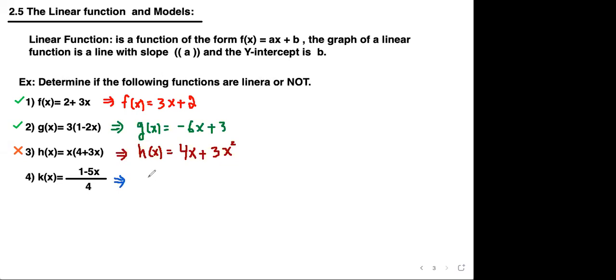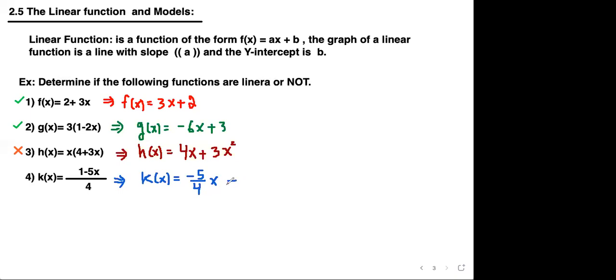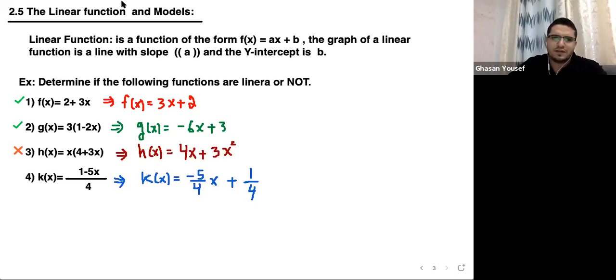Yes, it is, because if you divide, you will still get a fraction, and the slope will be negative 5 over 4, times x. And what about the constant? Plus 1 over 4. Yes, this is correct. So for the fourth one, yes, correct.